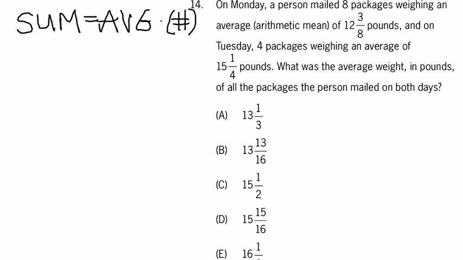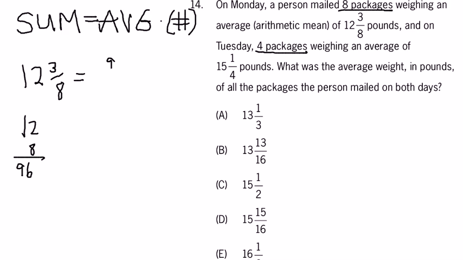So the way we're going to figure this one out is we're going to find the sum of the first 8 packages. We're going to find the sum of the next 4 packages. We're going to add those two, and then we're going to divide by 12. So 12 3/8 pounds is, let's see here, 12 times 8 is 96.